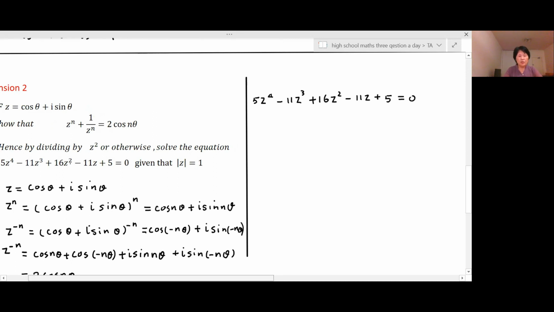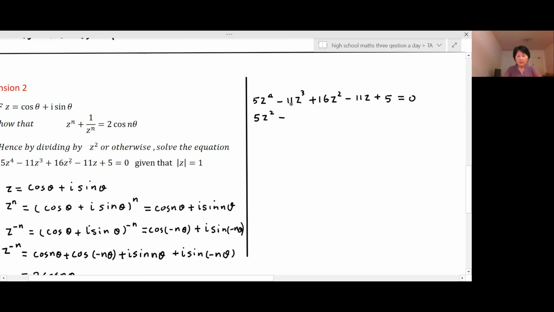So the question says hence by dividing by z squared. Okay, I just divide by z squared. The first term, divided by z squared, will give me 5z squared.